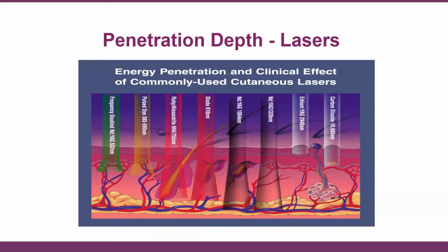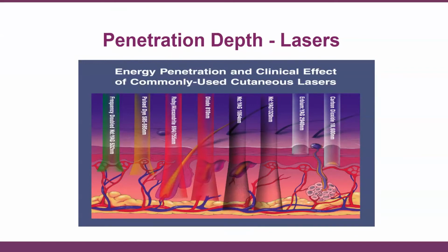There is another consideration you have to think about as well. As that wavelength increases, the depth of penetration of the laser also increases. So if we use, for instance, as you can see on the chart here, a frequency doubled ND-YAG or a KTP laser, which is 532 nanometers, you can see the absorption is very superficial.